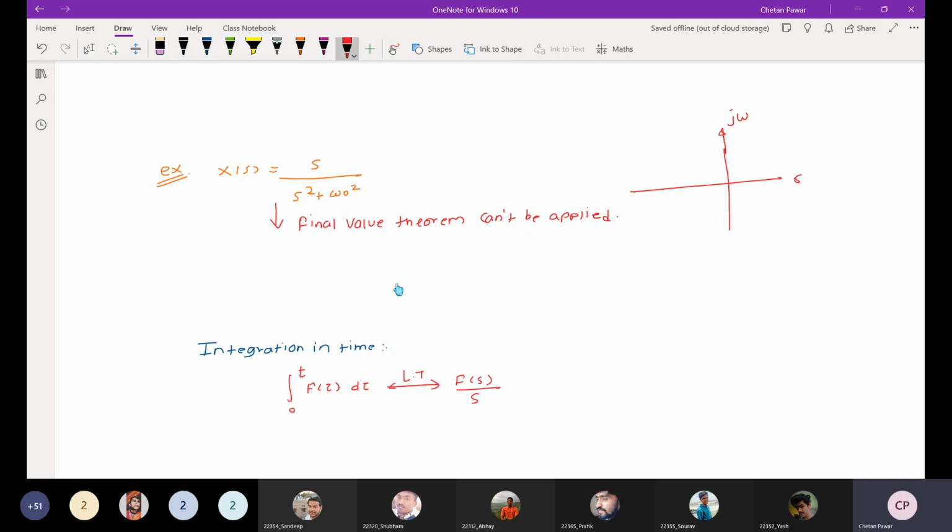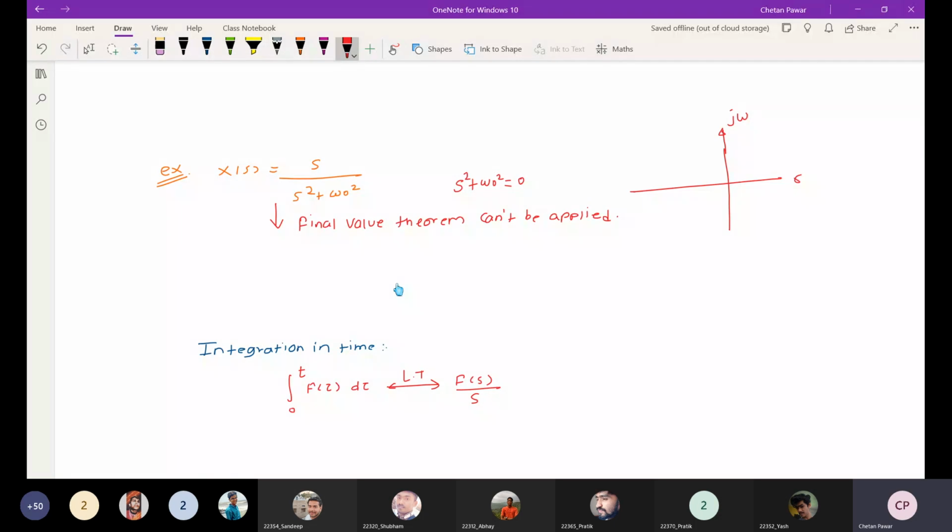At the origin? How many poles are there? Single pole? No.